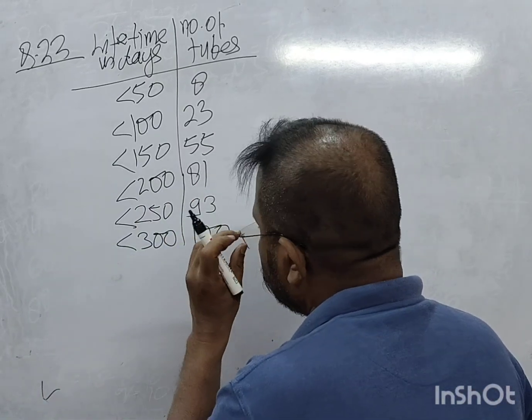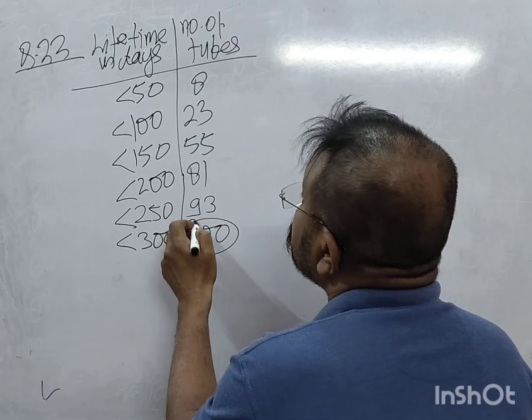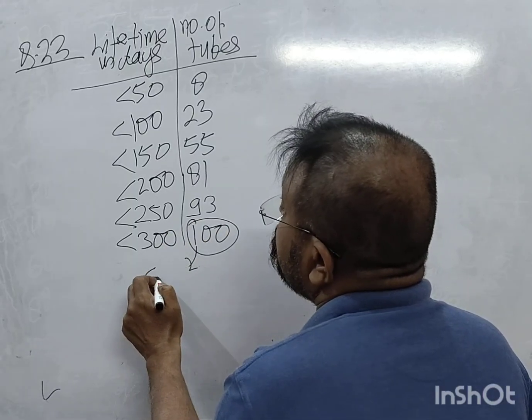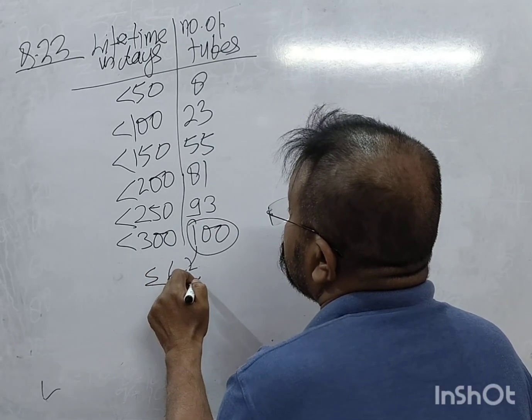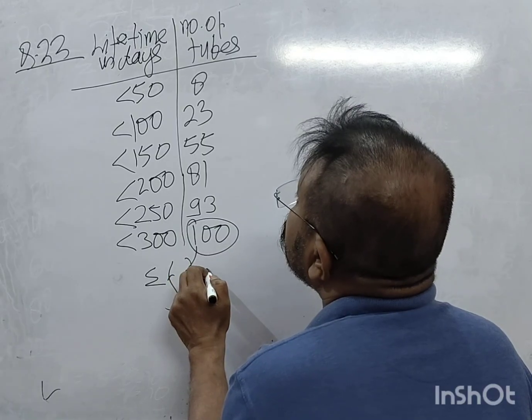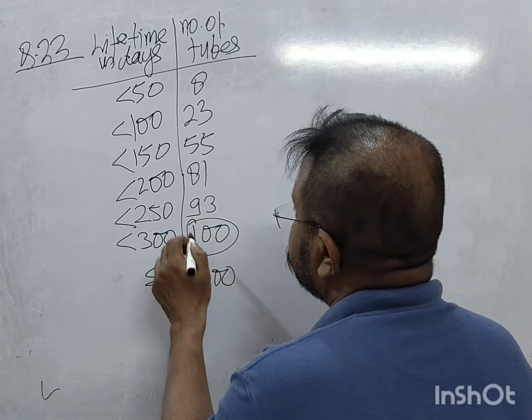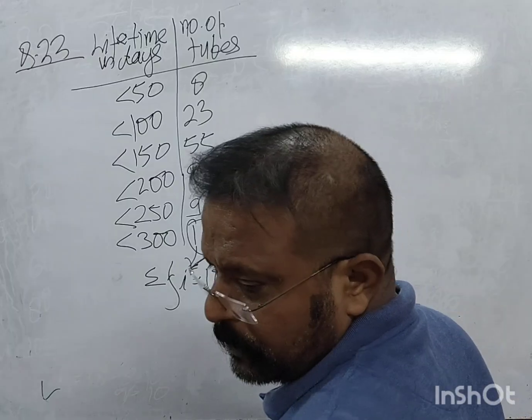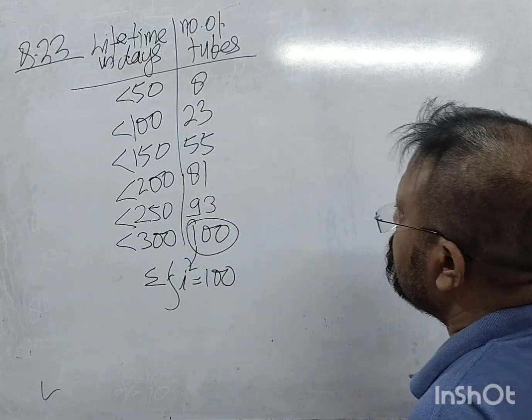Right? So summation of Fi is equal to 100. Right? Now we convert into a table.